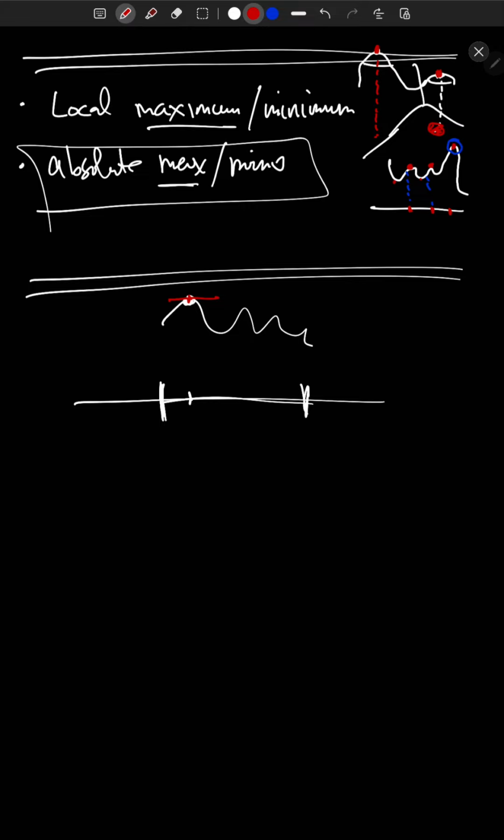So at interior maxes or mins, the tangent line is horizontal.